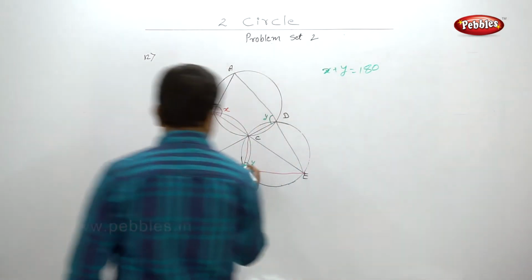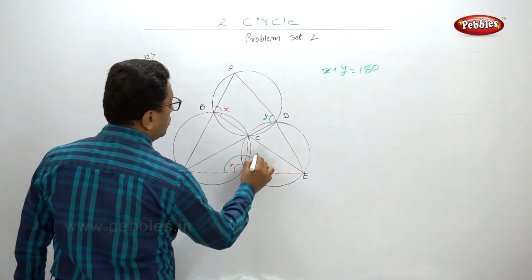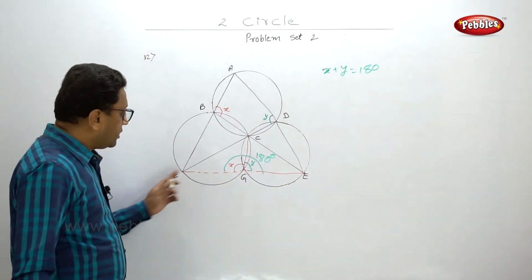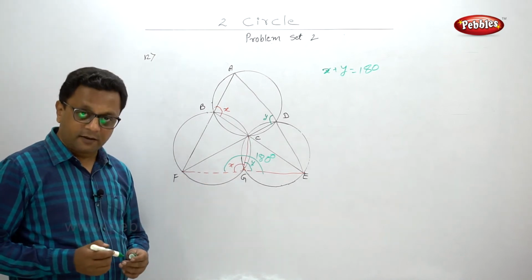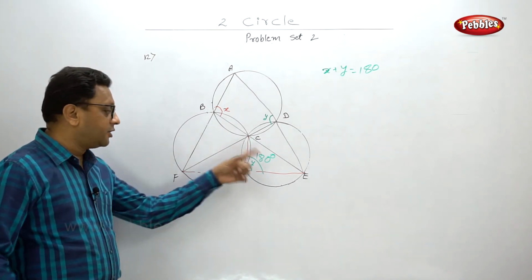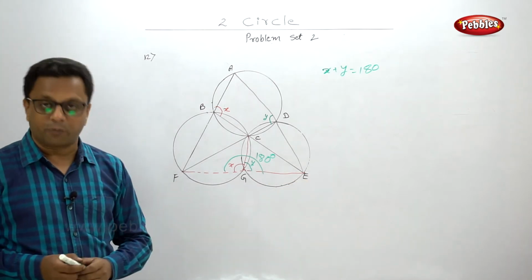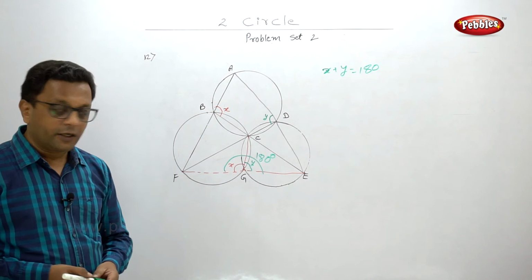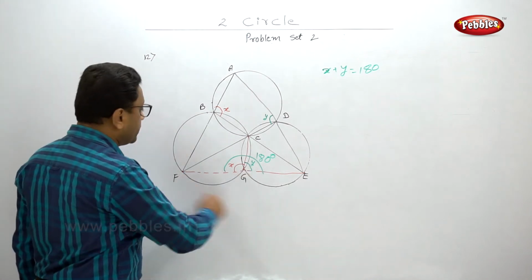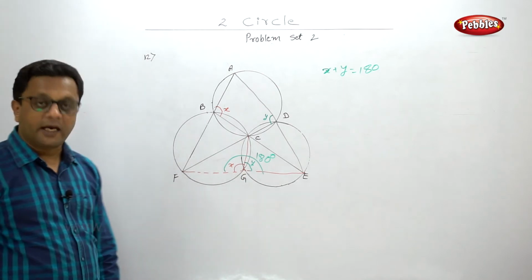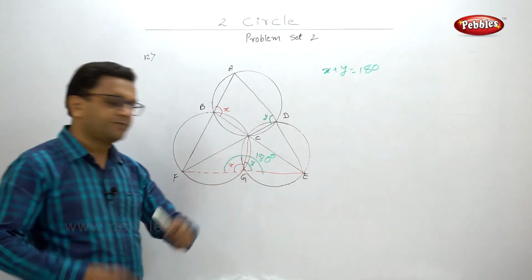So this X plus Y is equal to 180 degrees, and since X and Y are adjacent angles, F, G and E, 3 points are collinear points, and hence it is proved that these two circumcircles meet at a point G which lies on FE.